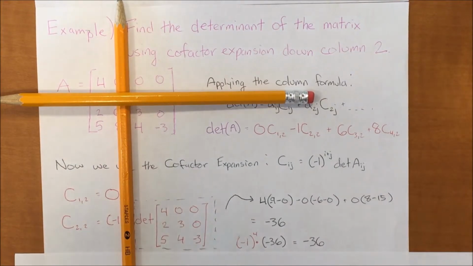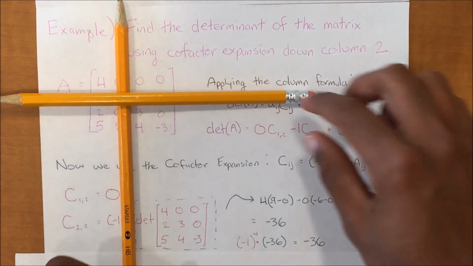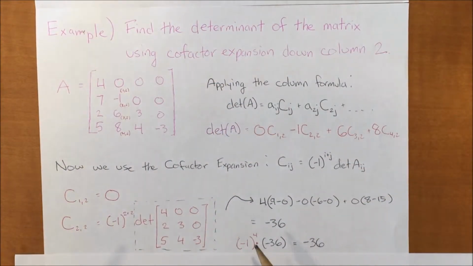We can calculate the determinant of this new 3 by 3 matrix by using more cofactors or by using the diagonal trick. When we calculate it, we get the answer of negative 36. But make sure you remember to multiply by the sign multiplier, which turns out to be negative 1 to the 4th power, which is just 1.